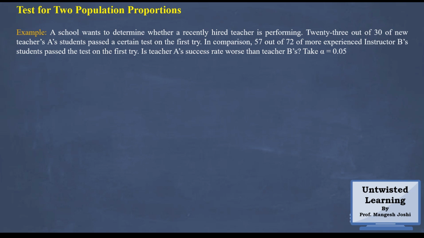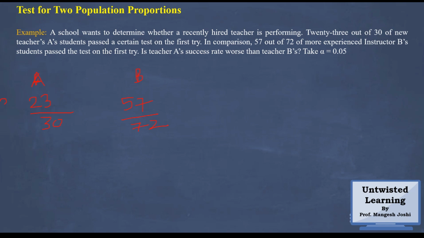In comparison, 57, so let us write this data. Let us see the new teacher A and 23 on 30 are selected. Similarly, instructor teacher B's students are 57 on 72.